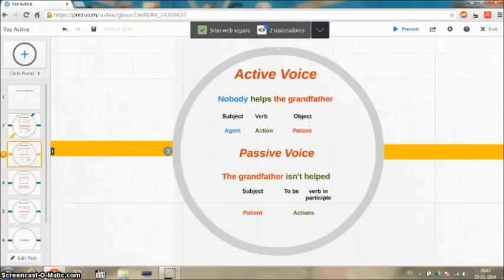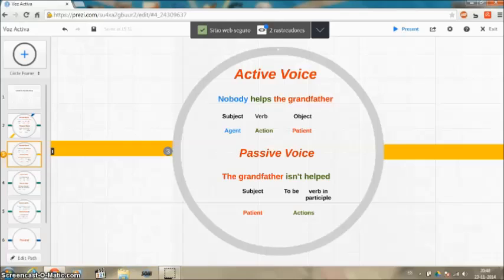Another example. Nobody helps a grandfather. In an active voice, the agent is null, no one, or nonexistent. By converting the sentence into passive voice, the sentence has to be negative, because no one does it.